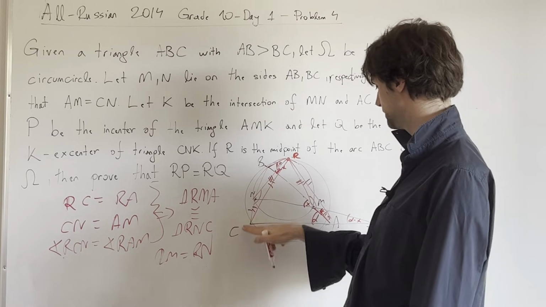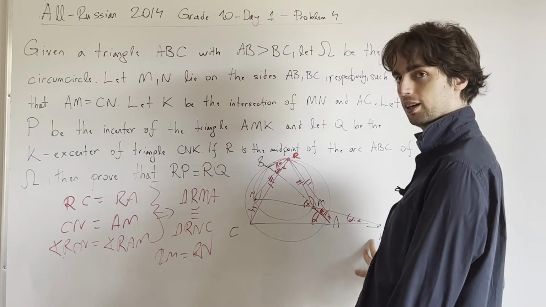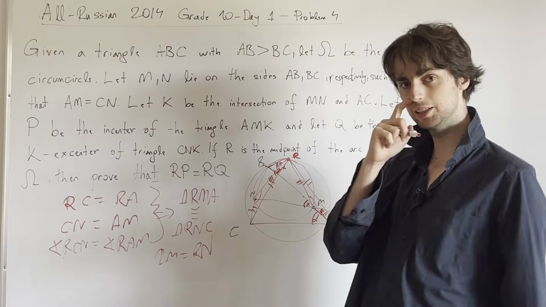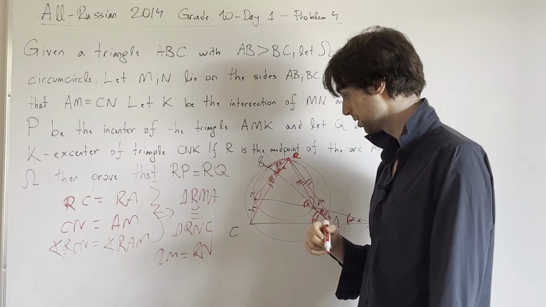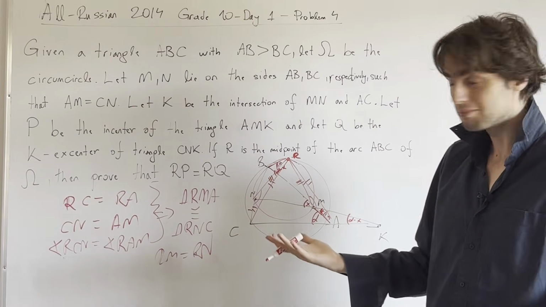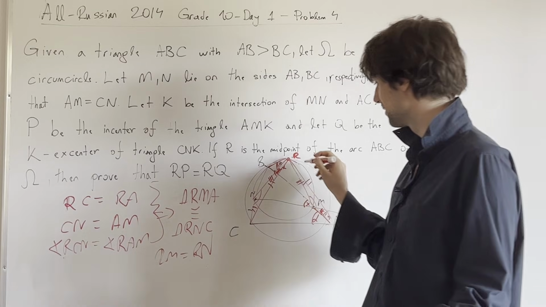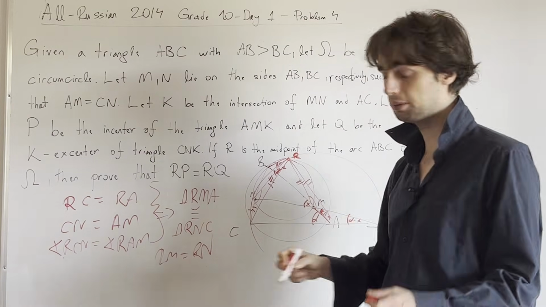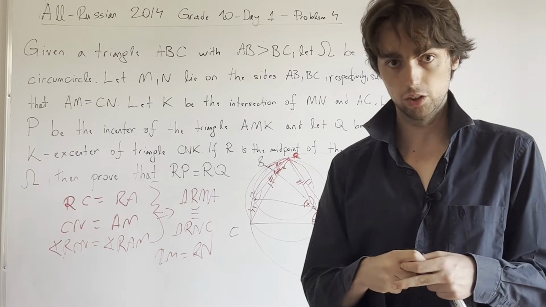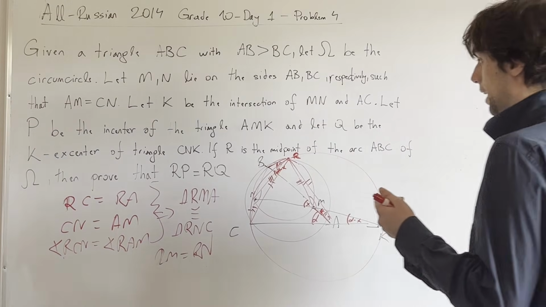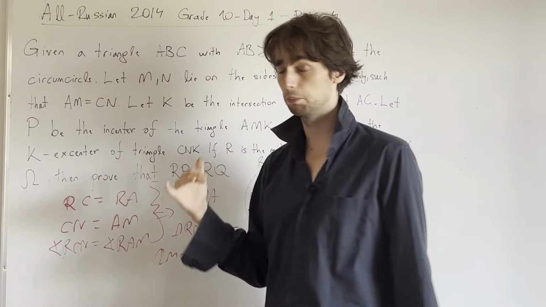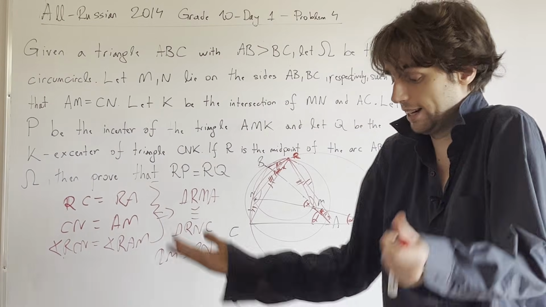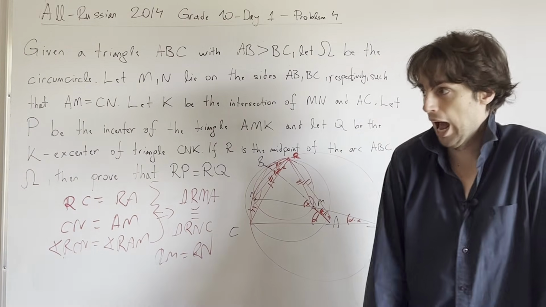RNCK seems to be concyclic, because this is alpha minus X and this one is alpha minus X. So, because of that, we have more concyclic points. And mind you, I haven't even begun to add in R and Q and P, because it's the incenter and the excenter.